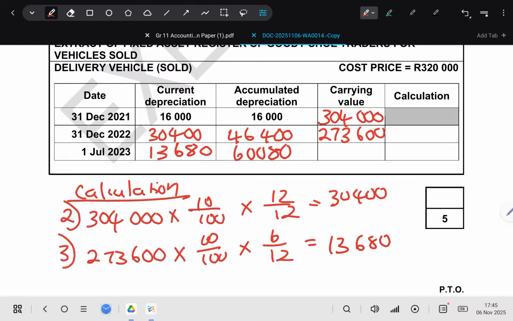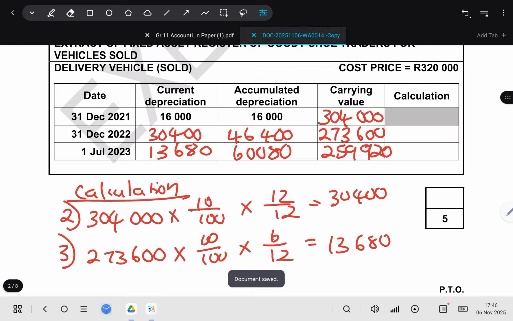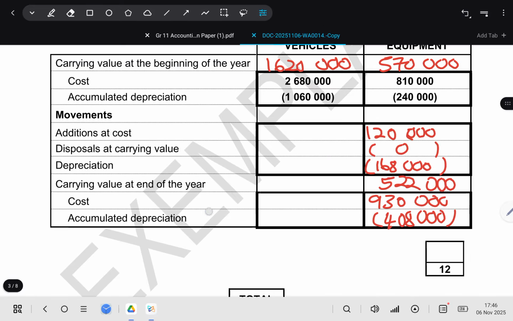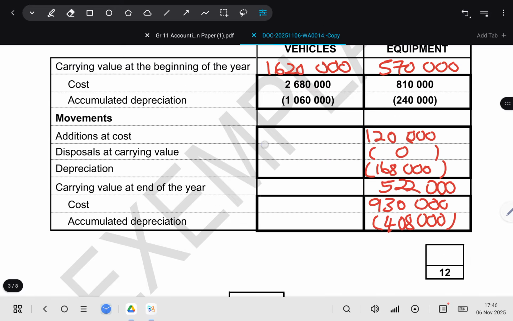Now if we say 320,000 minus 60,008, it gives us 259,920. So it means that our disposal at carrying value on our vehicles is going to be 259,920. I hope this makes sense, guys.